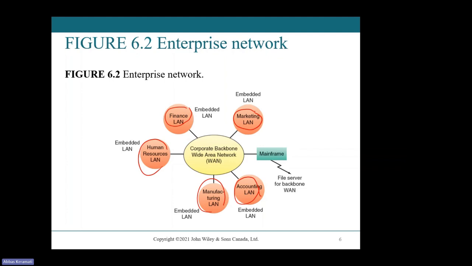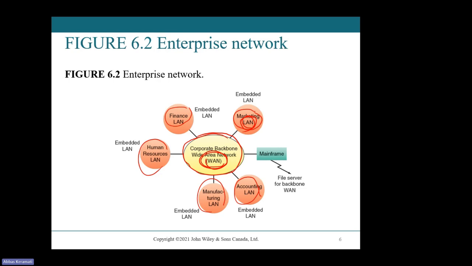Assume that each one is in a building or on a floor, and they have their own LAN, local area network. These local area networks are connected to each other and form a WAN. Does it make sense? One building is a LAN, more than one is a WAN.